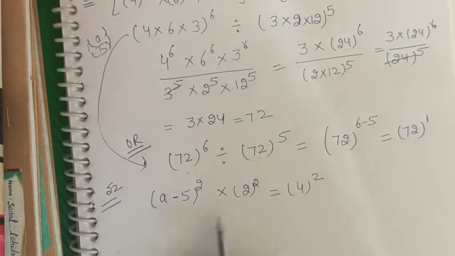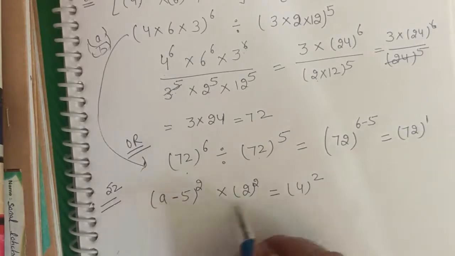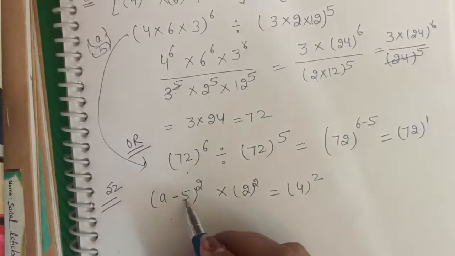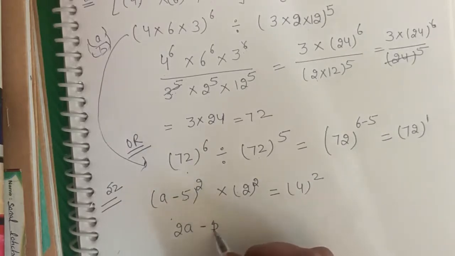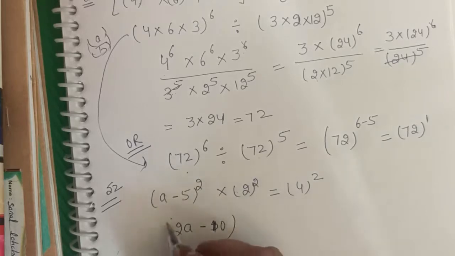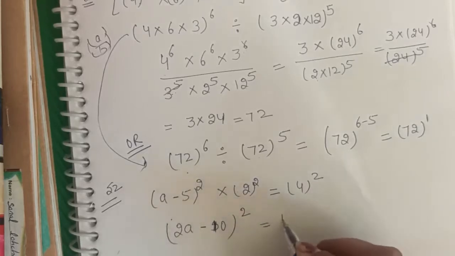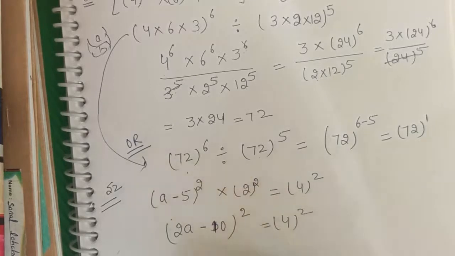Power is same, bases are different. So when we multiply, we will keep the power as it is, and a minus 5 multiply with 2, that is 2a minus 5 2s are 10, power 2 as it is, again 4 to the power 2.